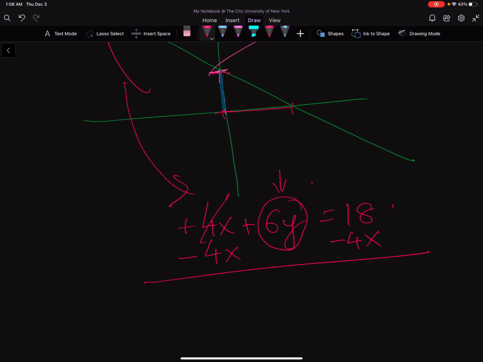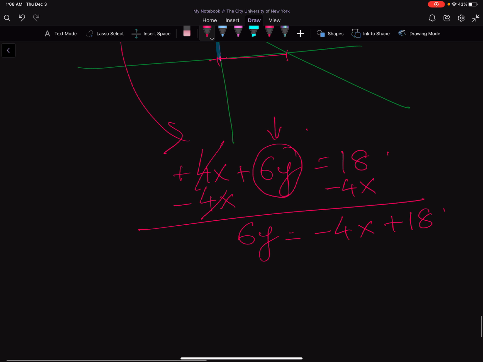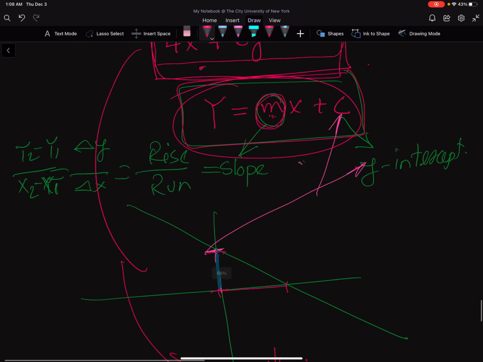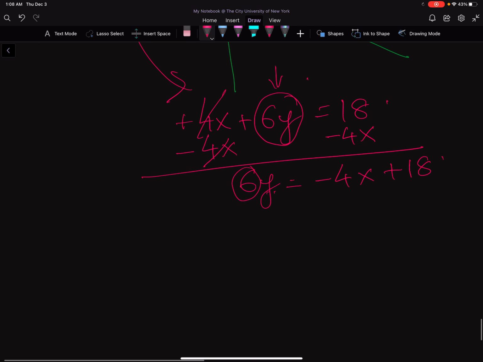This cancels out, and we have 6y over here, equal to negative 4x plus 18. And I don't want this 6 over here because I need a y, to compare with this form. So let me divide both sides by 6, all the terms.